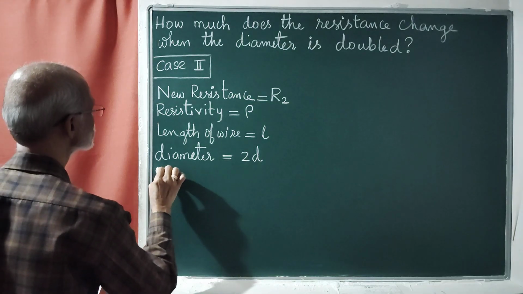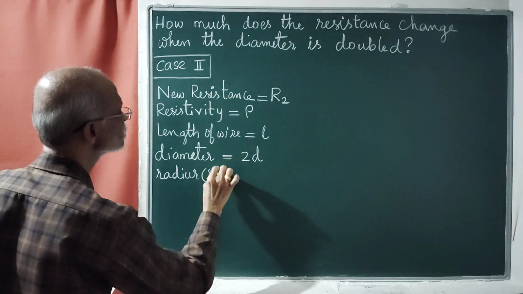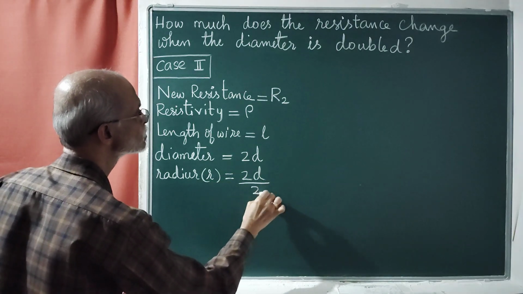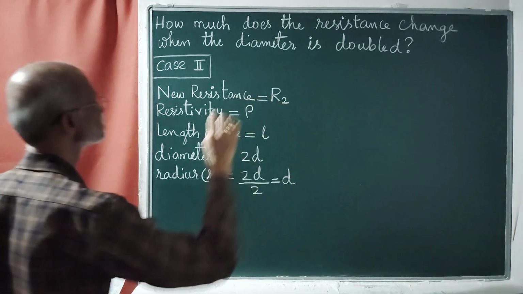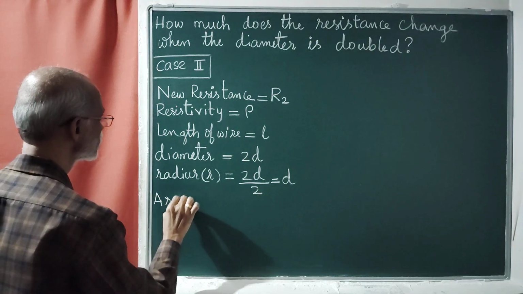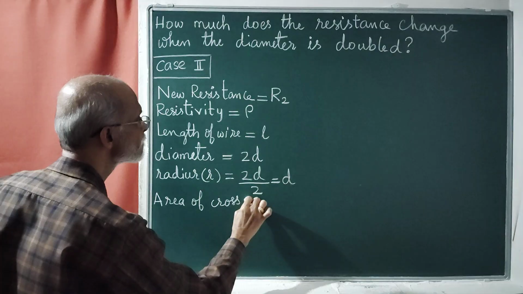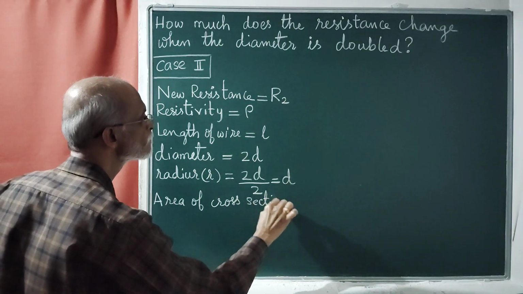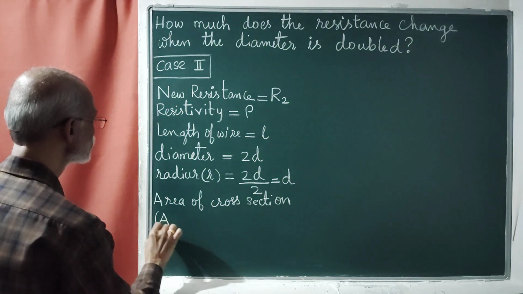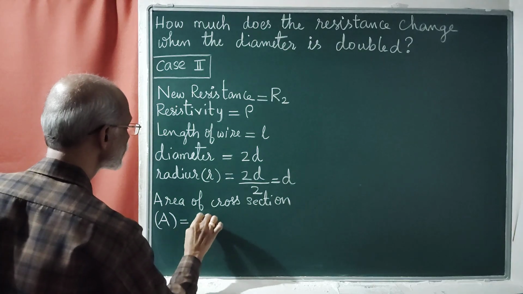Now we'll find the radius. Radius R equal to 2D by 2. That's equal to D. Next we'll find the area of cross section. A equal to pi R square.